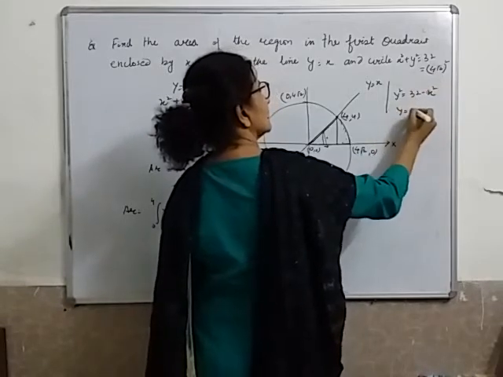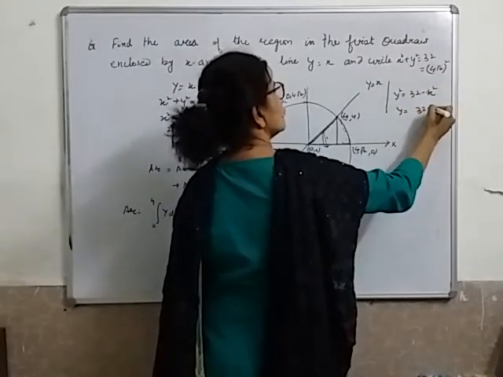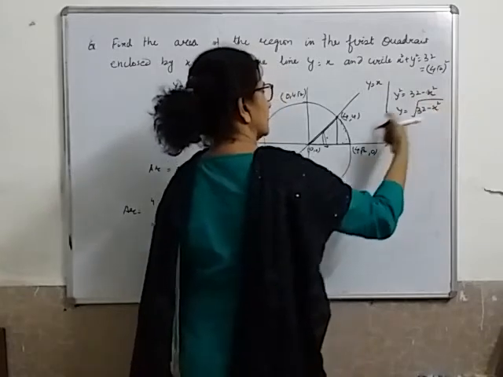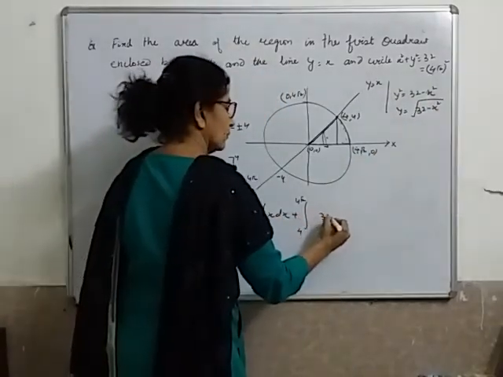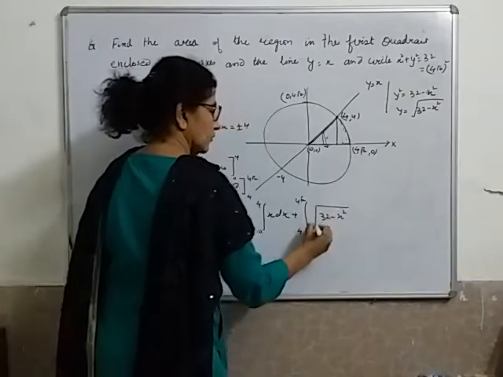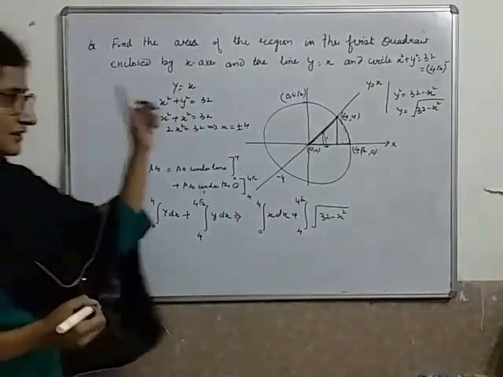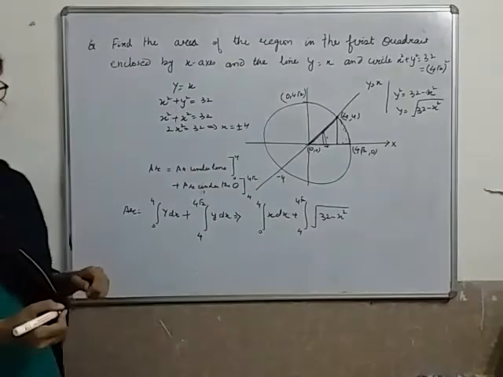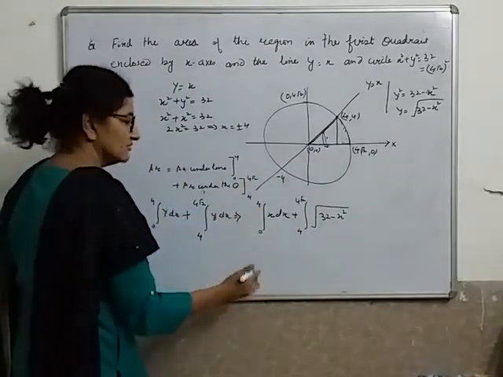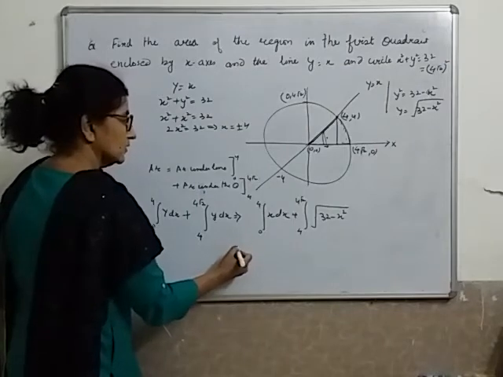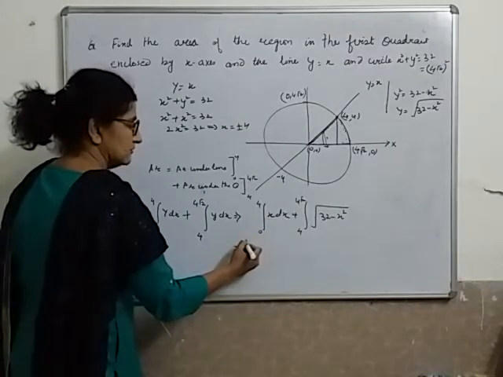So y is equals to plus minus square root of 32 minus x squared. But it is the first quadrant, so I am taking only the positive value. I hope you are getting it. See, again the same formula has come, a squared minus x squared. I am telling you every time, in maximum questions, the same thing will come. Its integration is very easy.